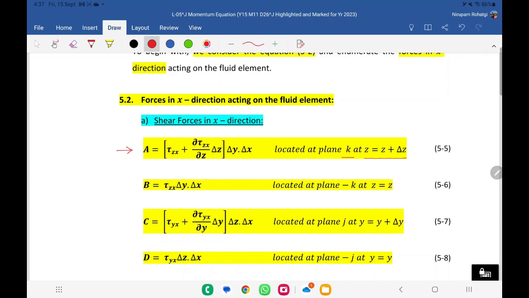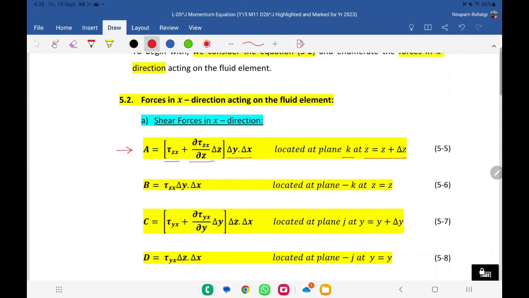Okay. Now what is the shear force at that point? In the x direction it is tau Zx plus delta tau Zx divided by delta Z, into delta Z, into delta Y into delta X. This is the area of the surface.